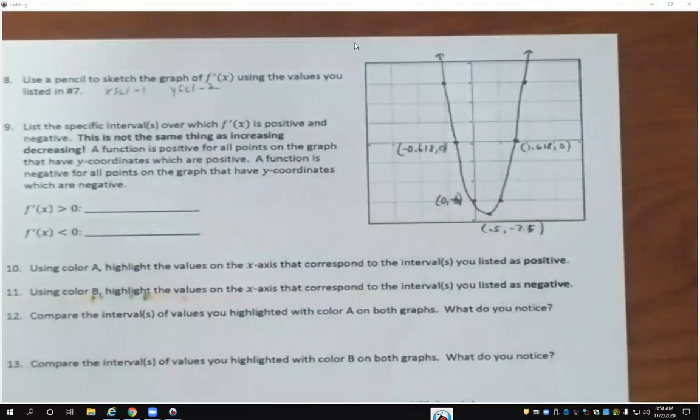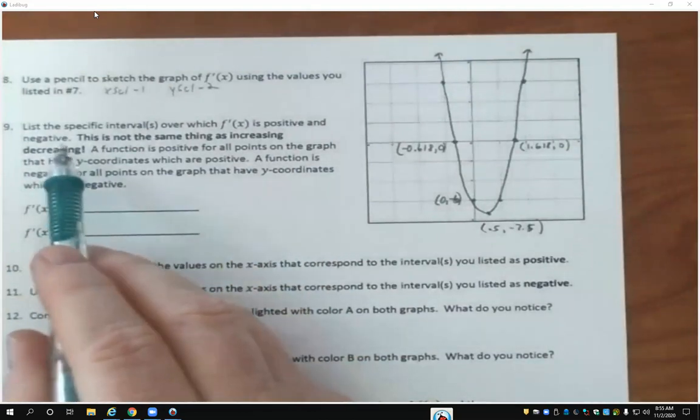So I'll give you a minute to just sketch that. All right, does anybody need more time sketching that graph?